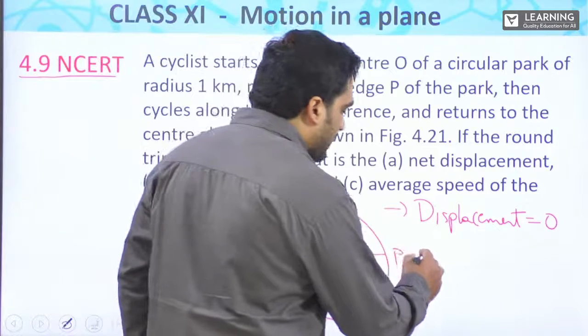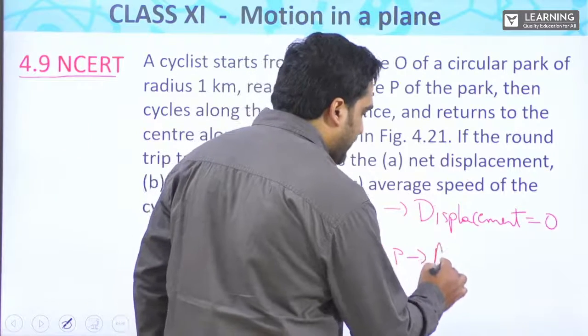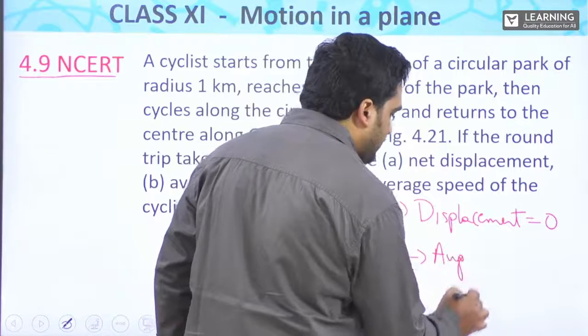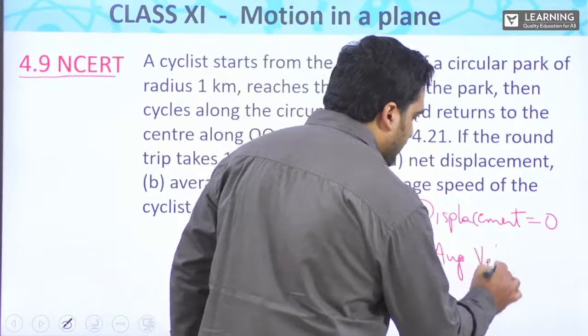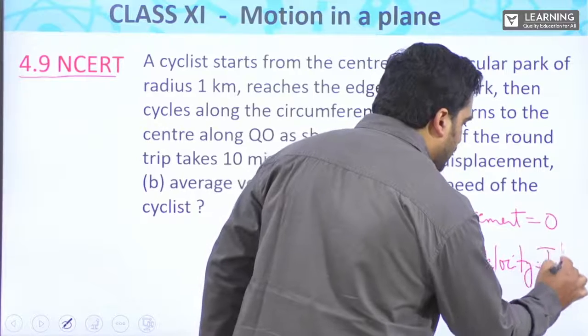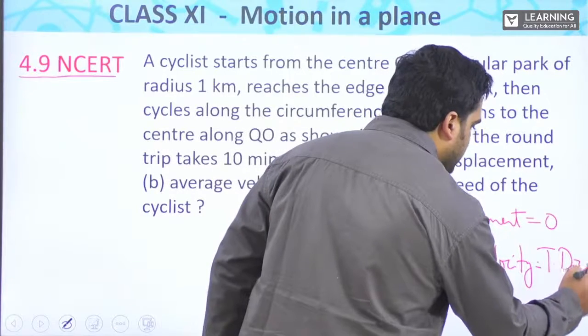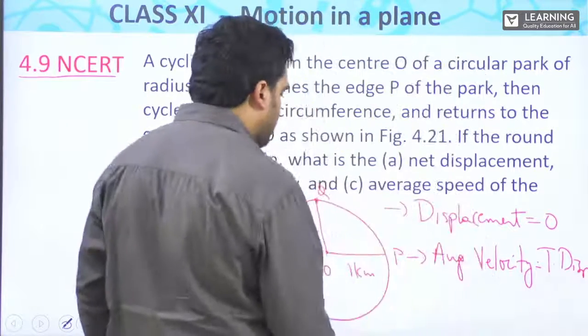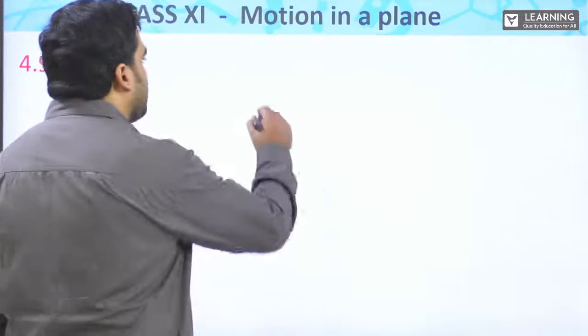Average velocity, by definition, so I'll just put AVG to represent average velocity, is equal to total displacement. Not enough space, that's all right, I'll go to the next page right here.